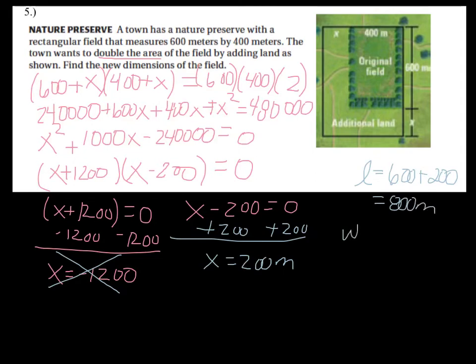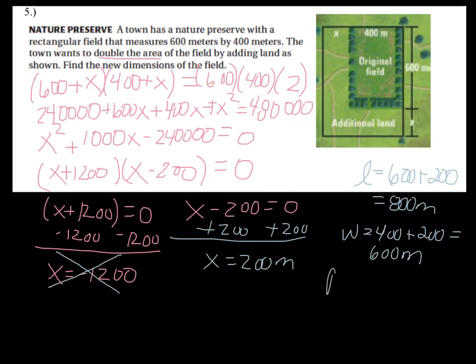The new width would be 400 plus 200, or 600 meters. And I need the total area to be 480,000 because that's twice the original area of 240,000.